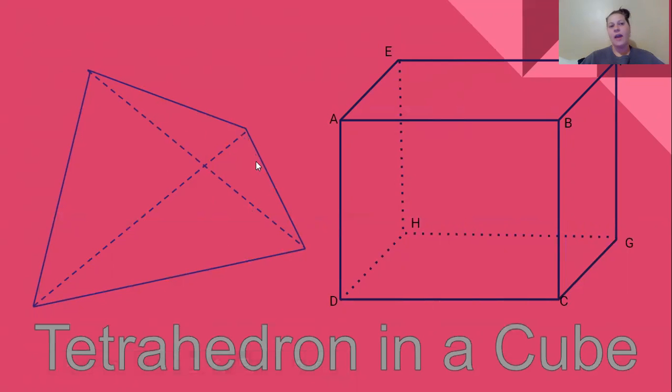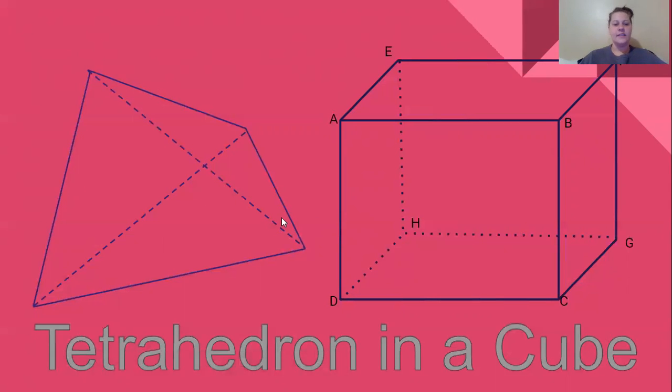Our base is a triangular shape, and our base is also a face. So this right here is a face. This right here is a face. This big triangle is a face, and then using this dotted line right here that runs across, and these 2 solid lines on the outside is a whole other face.